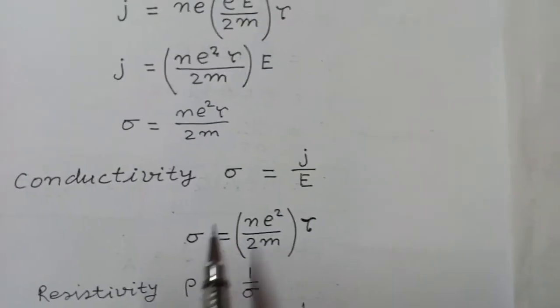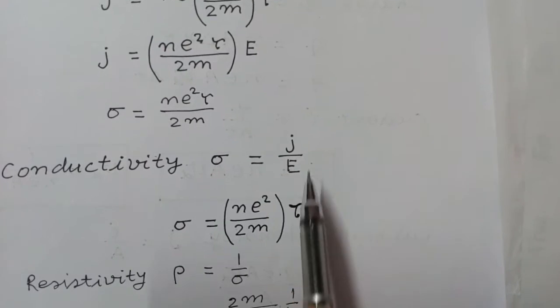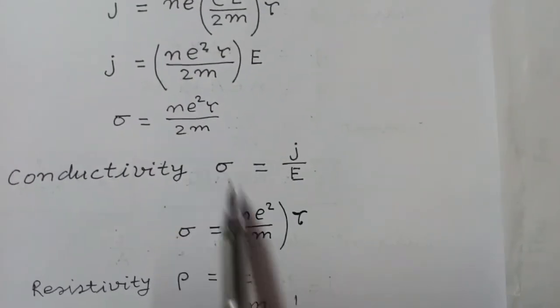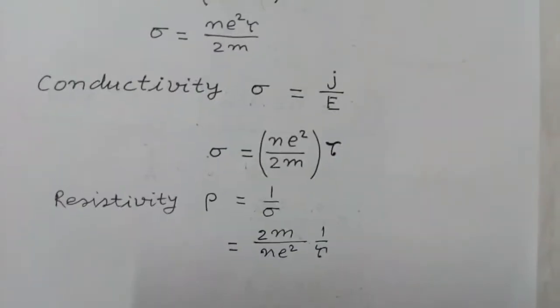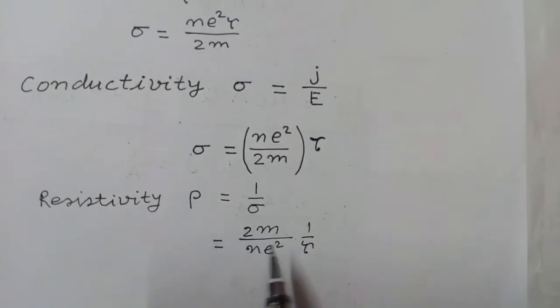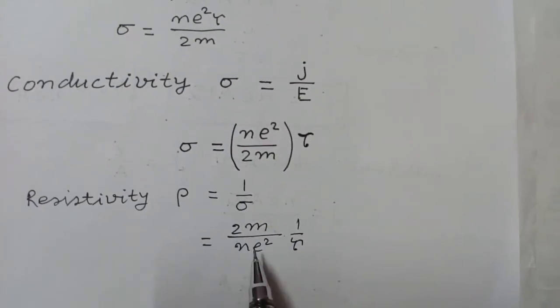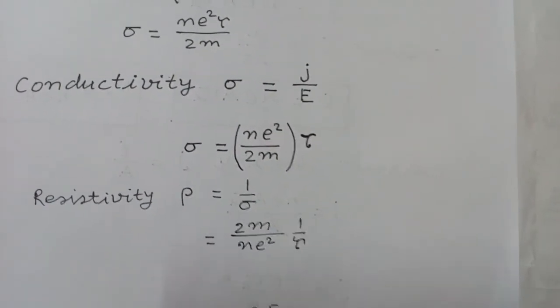Now we know that conductivity sigma is equal to J upon E. So sigma is equal to this much. Now resistivity rho is equal to 1 upon sigma. So resistivity rho is equal to 2m upon ne square into 1 upon tau.